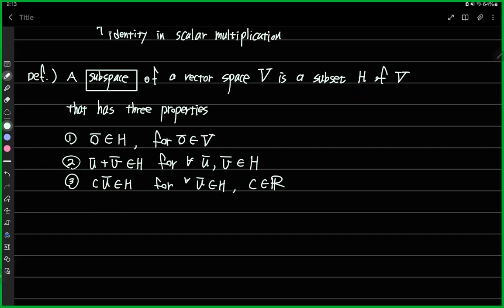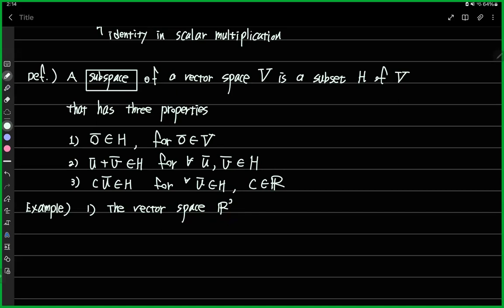Okay, so an easy example. First one, the vector space R2.